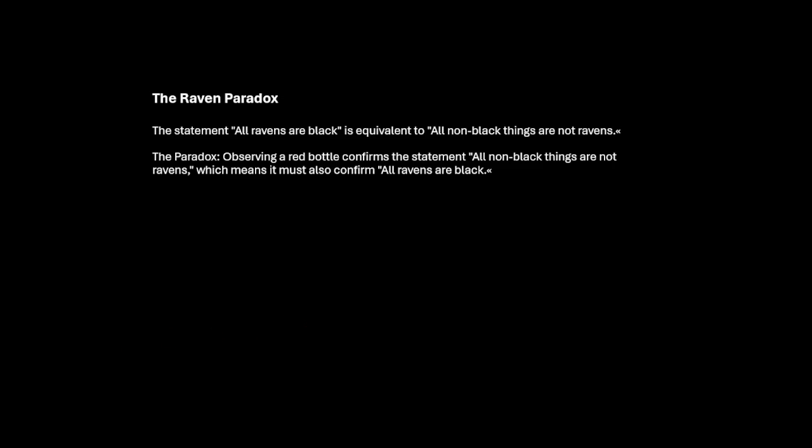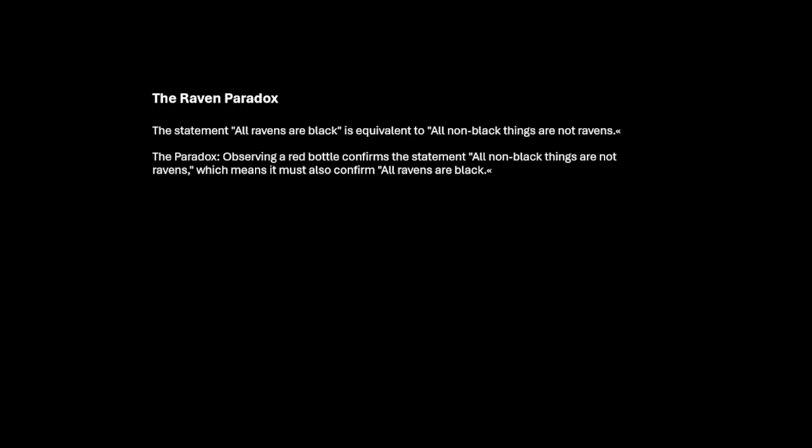Okay, now let's talk about the Raven problem. First, let's assume we have a hypothesis that says that all ravens are black, right? To confirm this, you would go out, look for ravens, see one that's black, and boom, evidence, right?